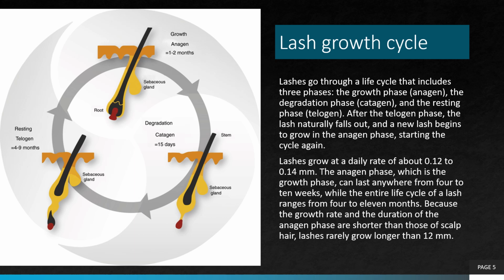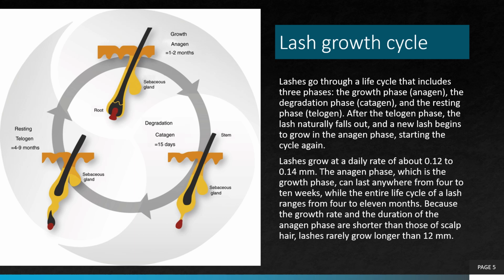Once the lash has grown to its maximum potential, it enters the catagen phase, where growth stops and the lash begins to degrade slightly. After that, it moves to the telogen phase, where it rests. Eventually, the lash will naturally fall out during this resting phase, making way for a new lash to start growing in the anagen phase again, thus continuing the cycle.